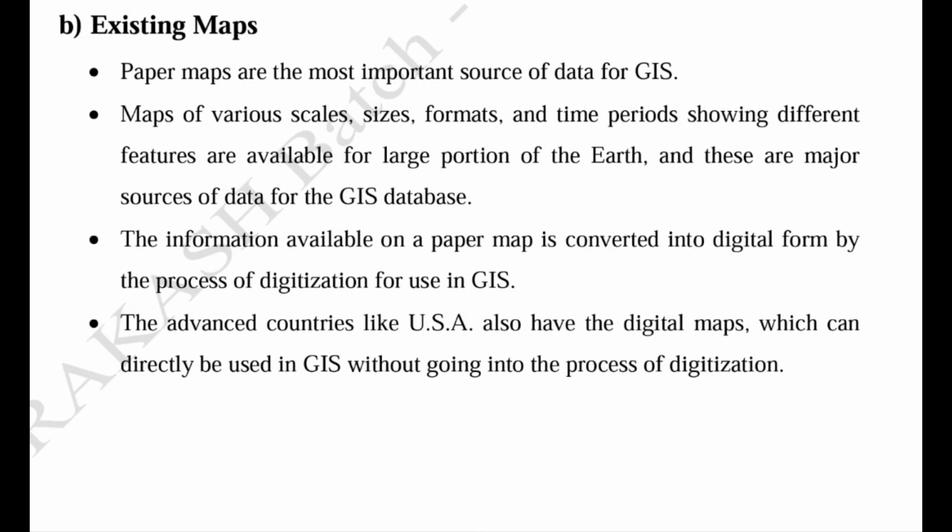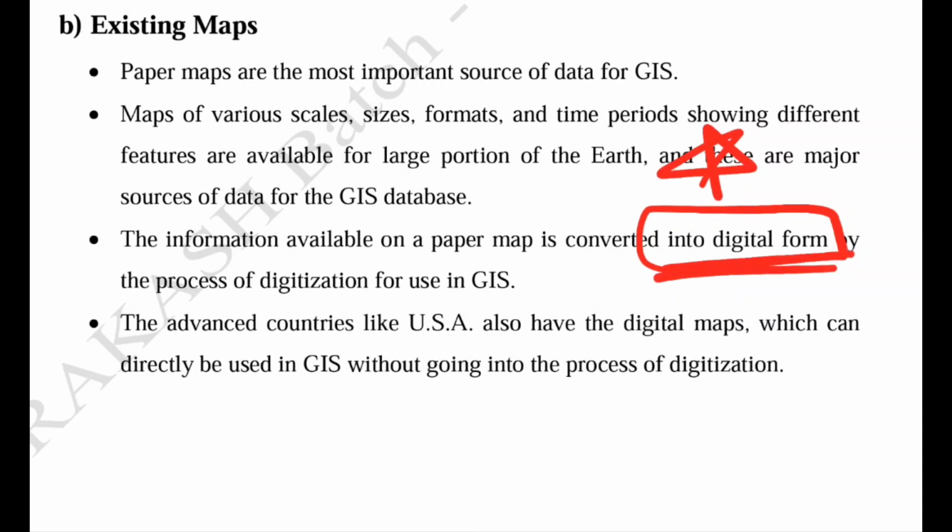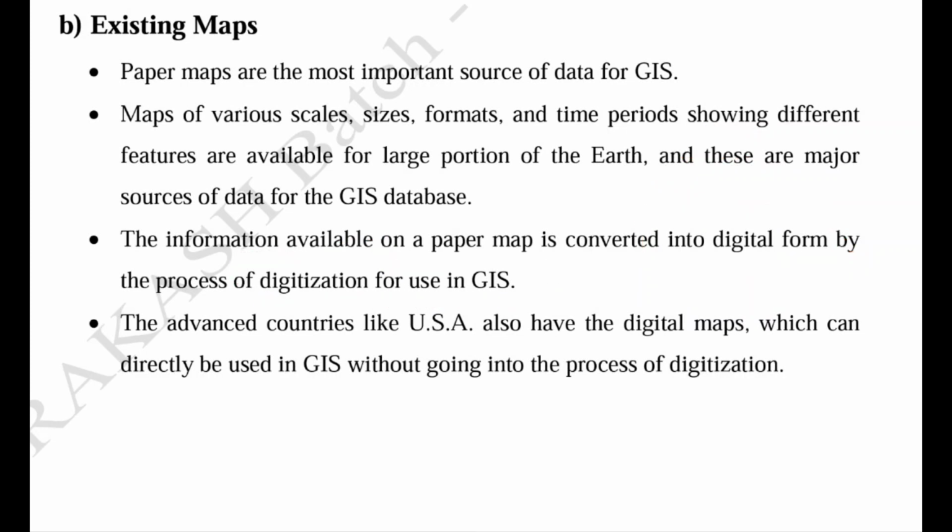The information available on a paper map is converted into digital format, so you have to understand that most existing maps are in non-digital format. So to convert the data in the format of GIS data source, we have to convert it in digital format by the processing of digitizing or scanning for the use in GIS.